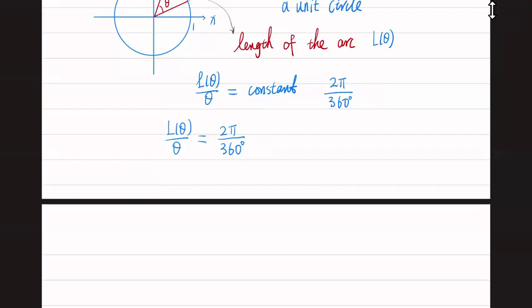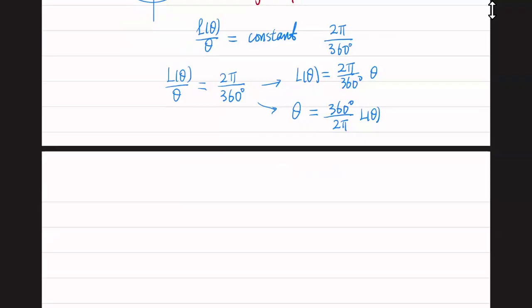This allows us to go back and forth. For example, let's see what's L 90 degree.